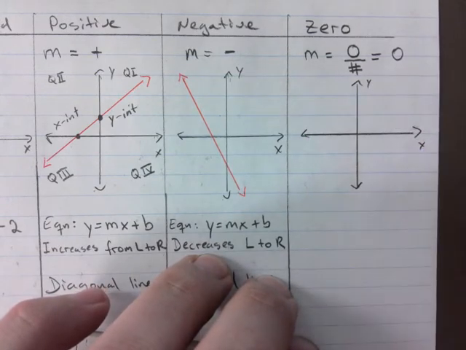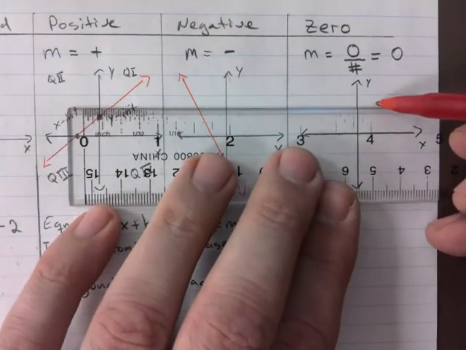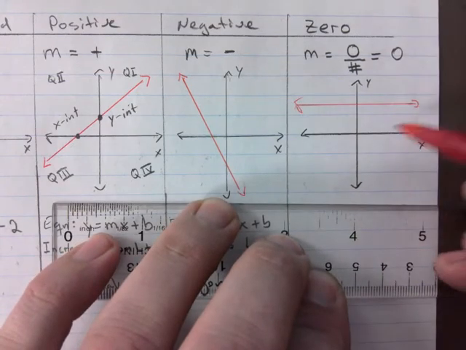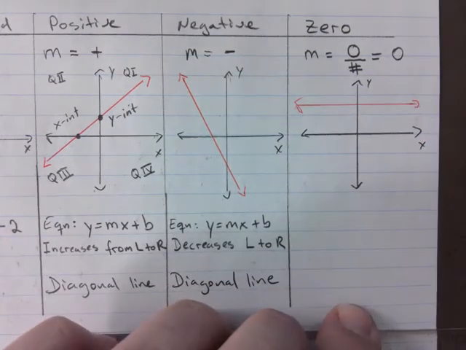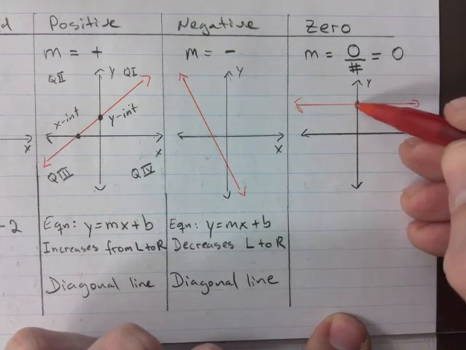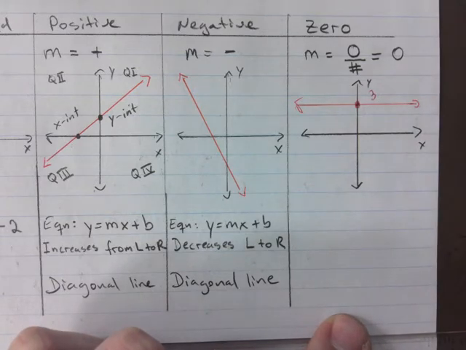Y and X. And this is a horizontal, so let's go up here. Let's make this point right here along the y-axis. Let's make that 3 positive.